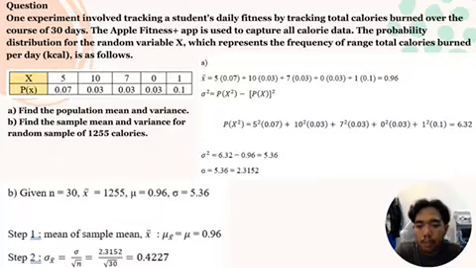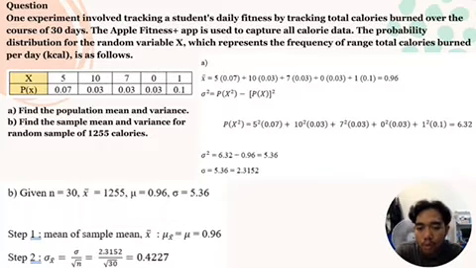Step one, we must find the sample mean, which is x bar. The mean x bar is equal to the mean, which is 0.96.